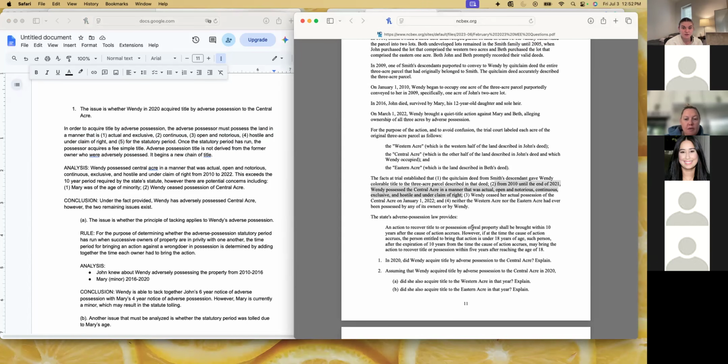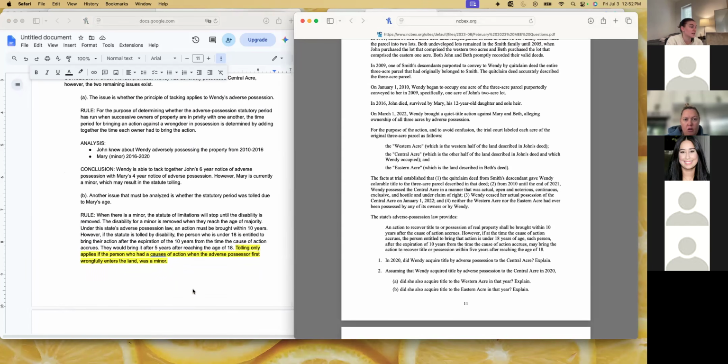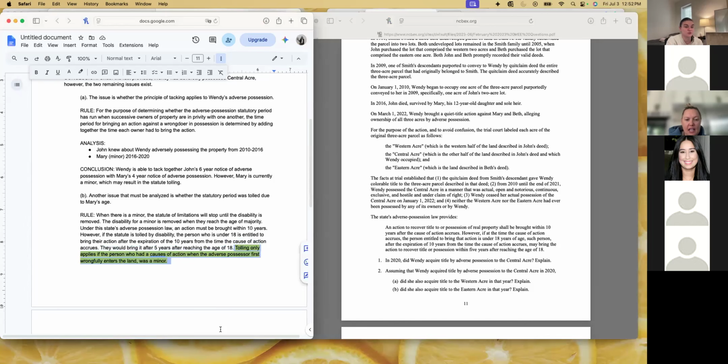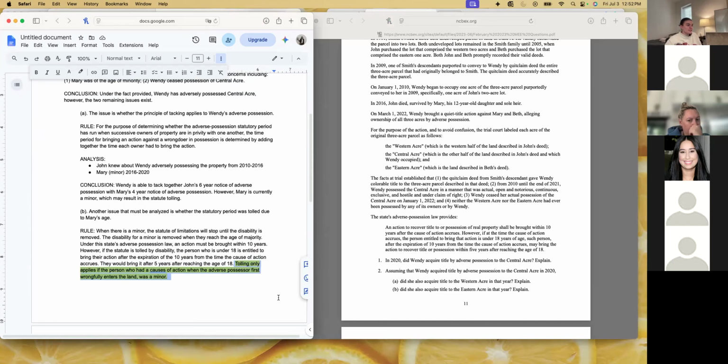But I just want to make sure that's not the typical law, right? The state adverse possession law provides that paragraph. I don't remember seeing that. This is not typical, and they don't normally give you this. That's not the law that we need to know, right? Correct.